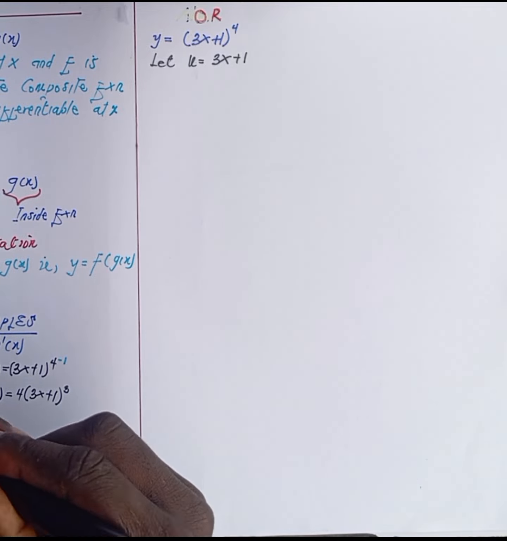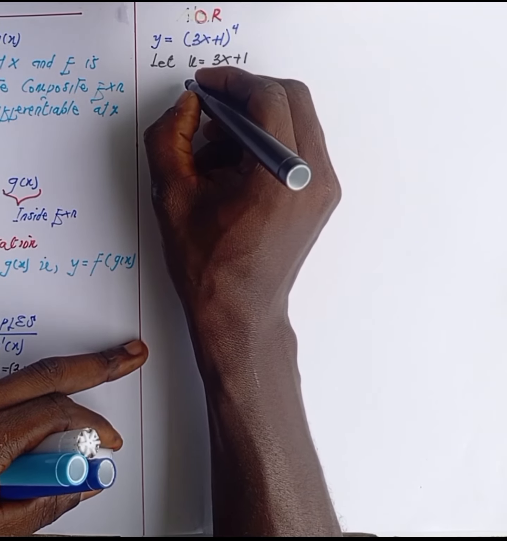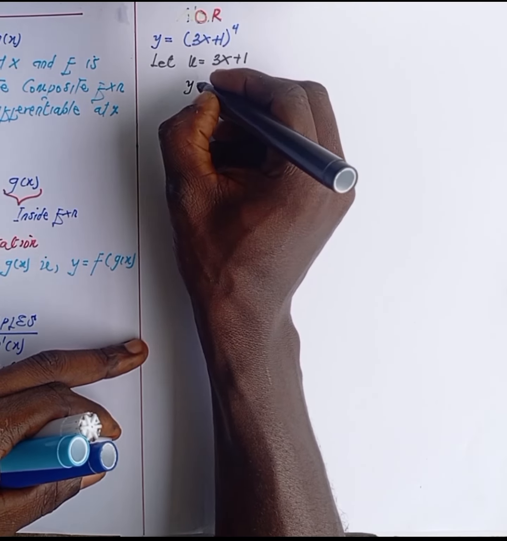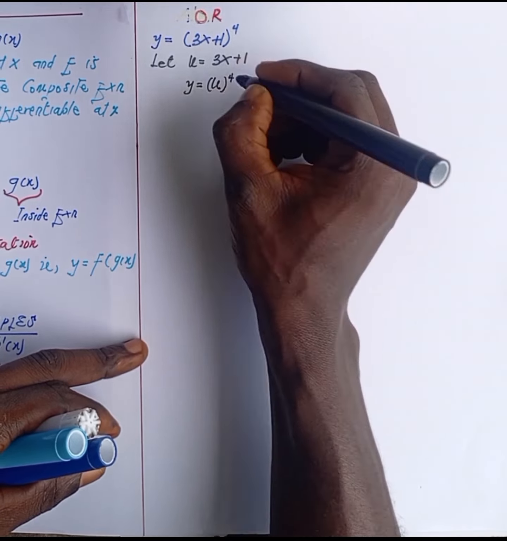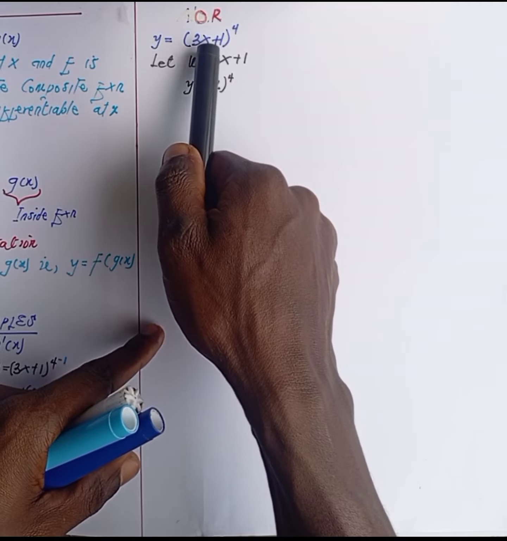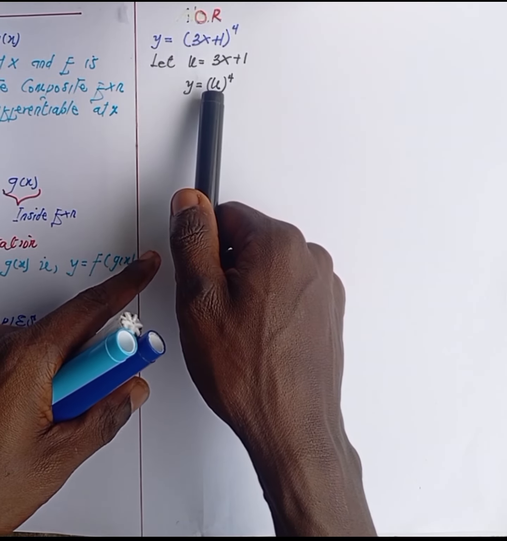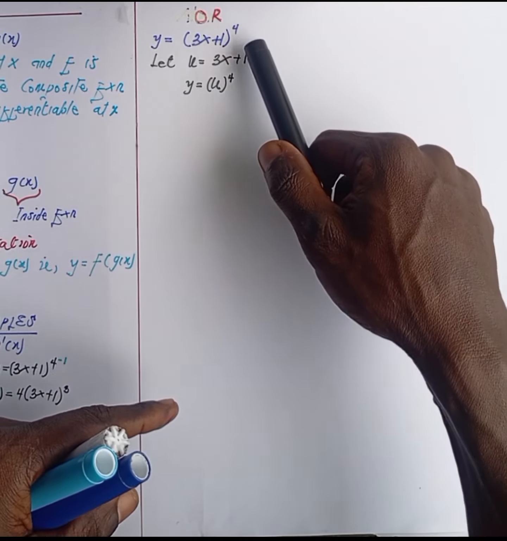If that is the case, then our y is going to be equal to u exponent 4, because we are saying that u is equal to the function inside. So we get our y, which is the function, in this form, u exponent 4.